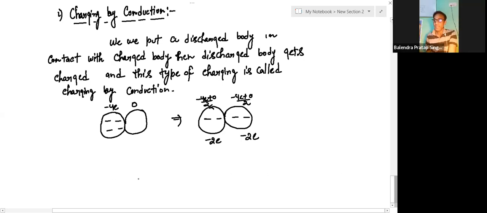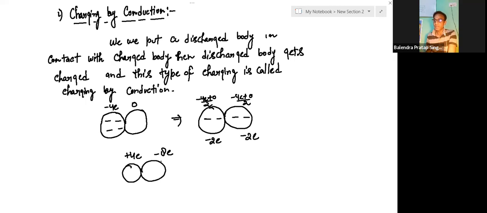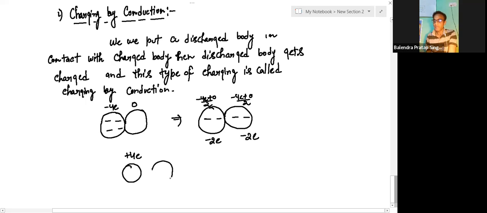Let's take one more example. Suppose I take a body which has plus 4e charge, so it's positively charged, and another body which has minus 8e. When you put them in contact, one body gets plus 4e minus 8e divided by 2, and the other also gets plus 4e minus 8e divided by 2.